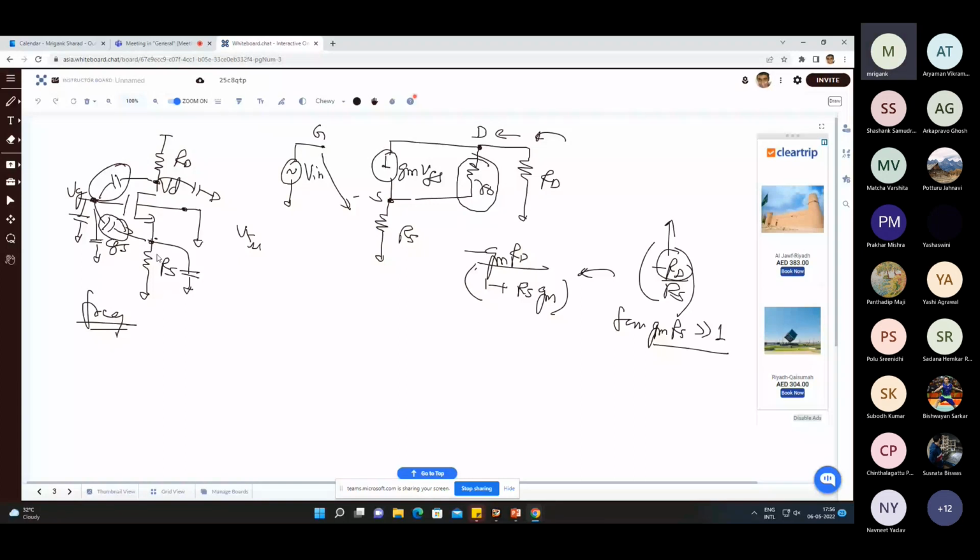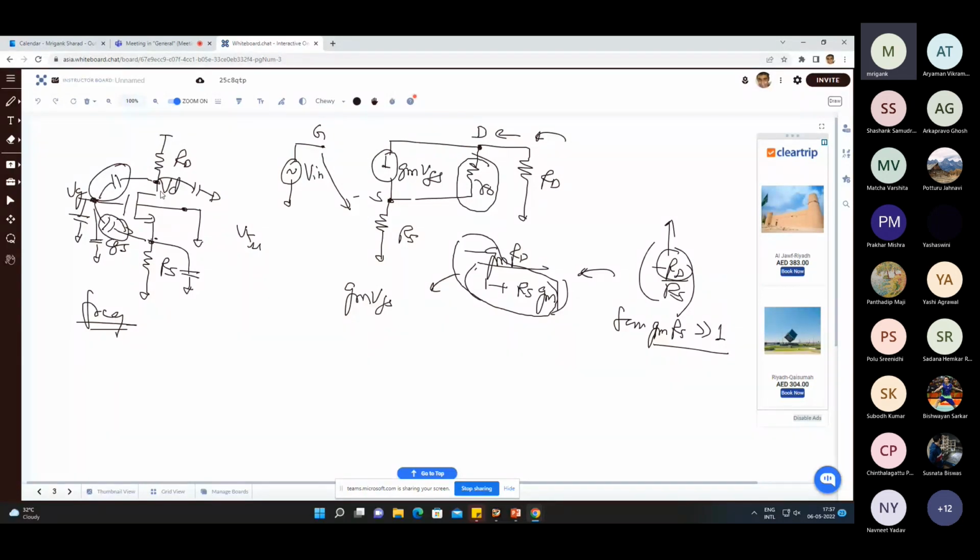So if you do that, you can get the equivalent capacitance because of CGS between the gate and the source, and also between the source and the ground. So ultimately, this is the gain from the gate to source. What does this gain tell you? Earlier the small signal current was GM times VGS, and then the current multiplied by RD gave you the small signal voltage at the output.